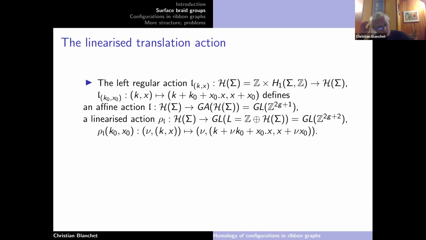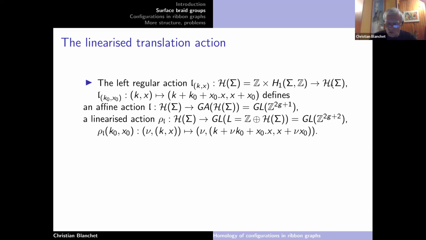And here, I will give you an example we have in the paper with Martin and Avais, which is not the usual model for representation of the Heisenberg group, but which is good. And the point is that on the Heisenberg group, we can define the left regular action.